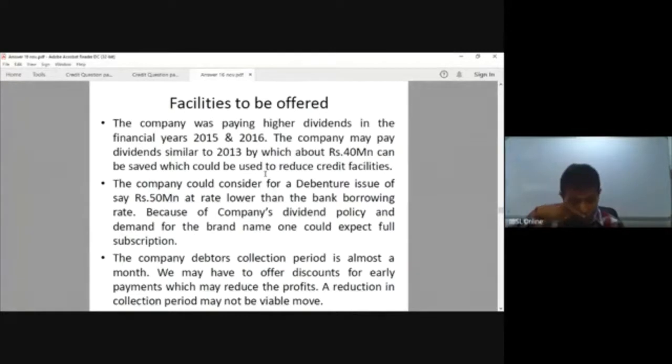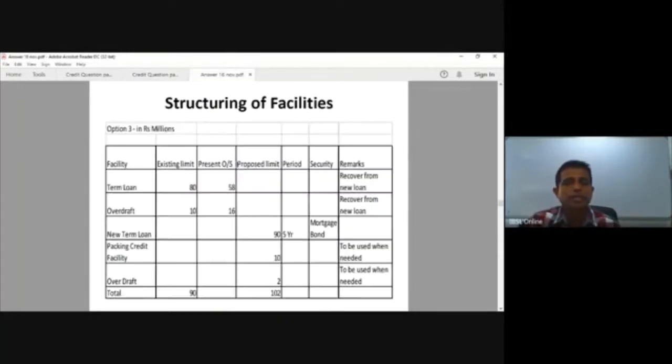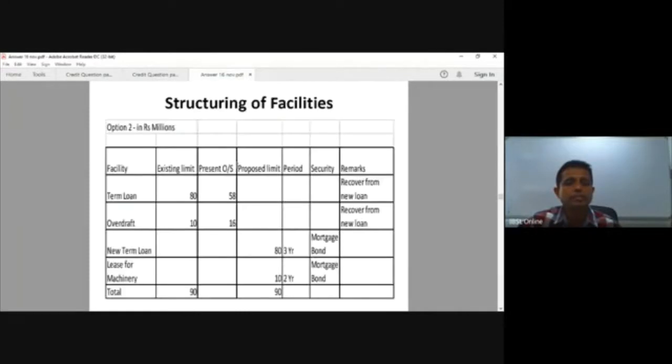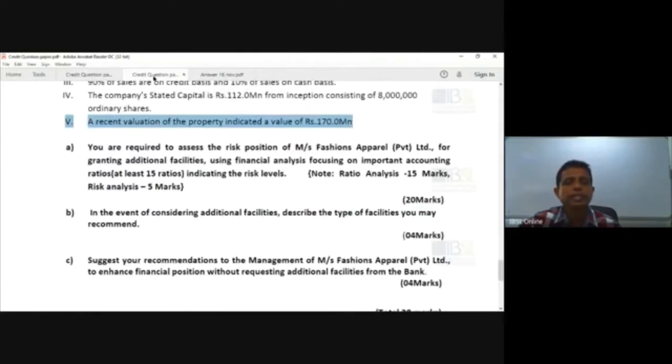Now, the first proposal is, if they have paid a dividend similar to 2014, they could have saved 40 million, right? That is 2 rupee per share. Now, if I go to that thing, I'll go to here, right?